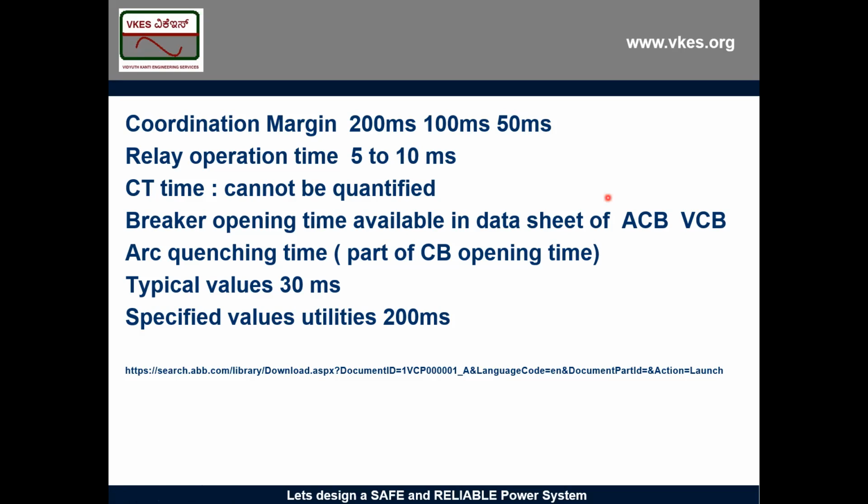Is it an old electromechanical relay, an electronic relay, or a microprocessor based relay? Please check the type of relay. Don't keep a very low coordination margin, don't keep it very high either. Go for 100 milliseconds or something.